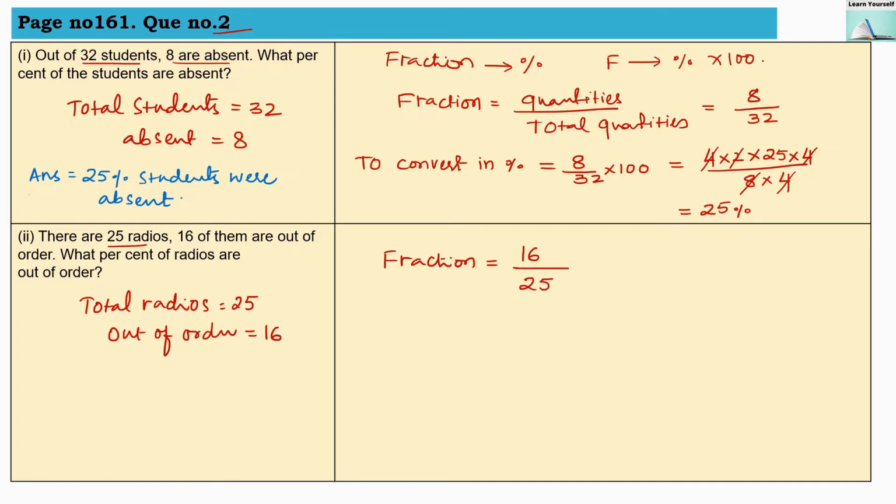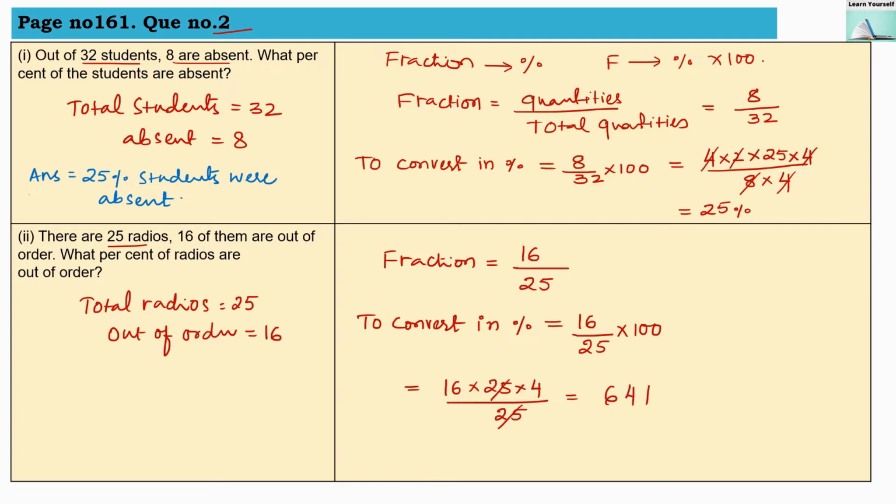So this is our fraction for this numerical. Now we are converting this into percentage by multiplying with 100. Now let us simplify this further. So 16 into 25 into 4 divided by 25. So this 25 and 25 we can cancel off. We got here 16 into 4 is 64%.